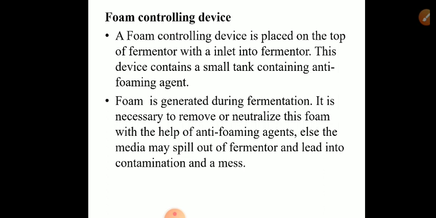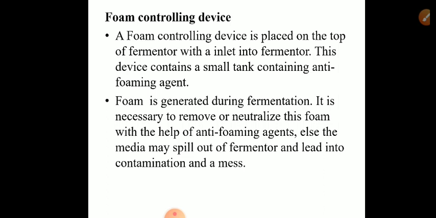This device contains a small tank which contains anti-foam agent. So a foam controlling device is a small tank containing anti-foam agent, placed outside the fermentation vessel, having a pipe inlet inside the vessel. Foam is generated during the course of fermentation, and it is necessary to remove the foam or neutralize the foam with the help of anti-foam agents.